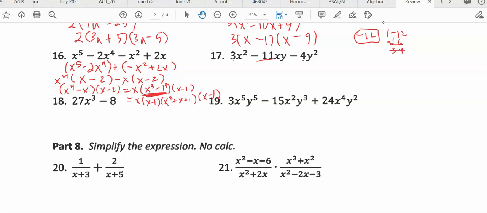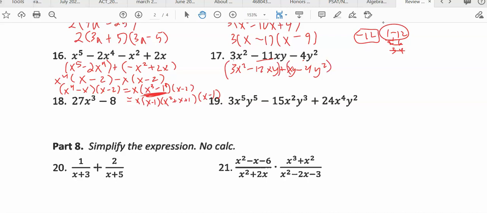So I'm going to split up that middle term. It's going to be 3x squared minus 12xy plus xy minus 4y squared. I'm sorry, that's xy also, I didn't see the y there. Okay, so we split up that middle term using those factors we found that added up to negative 11. Now we're going to regroup them, the first two, next two. Pull out the GCF.